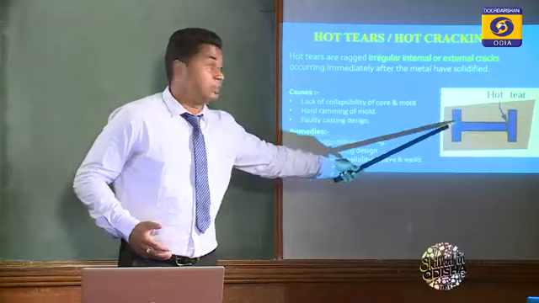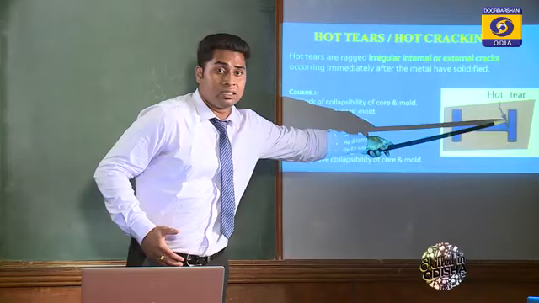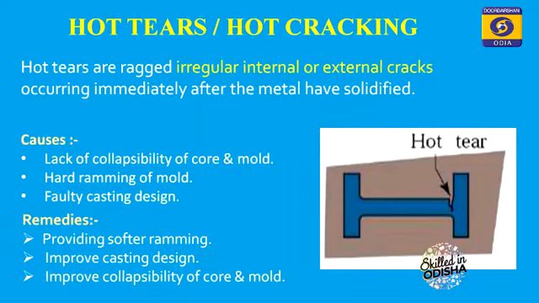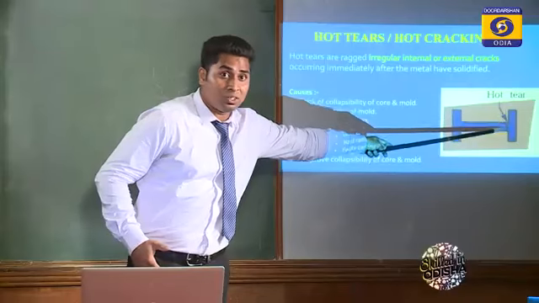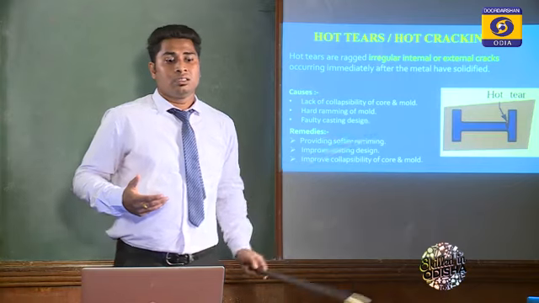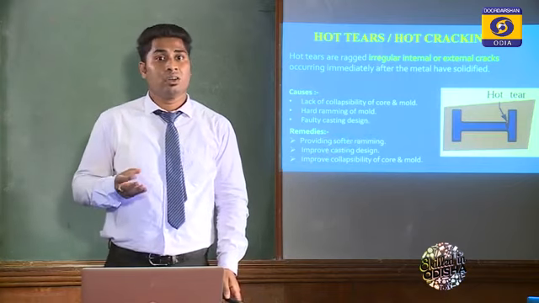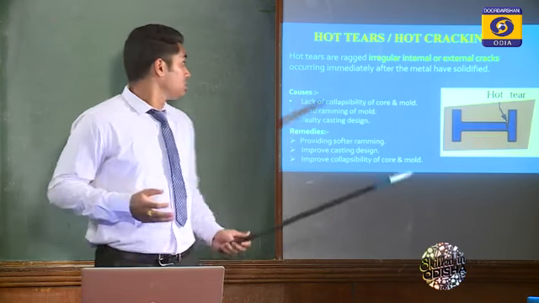You can see the figure, see that part, there is a crack, and this crack is called a hot crack or hot tear. See, a crack forms immediately after solidification. So it is a very big drawback of the casting process.